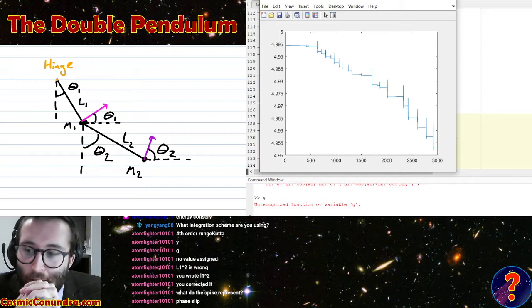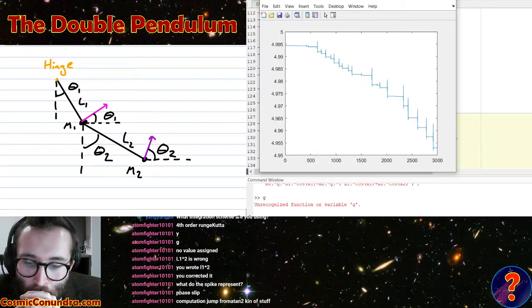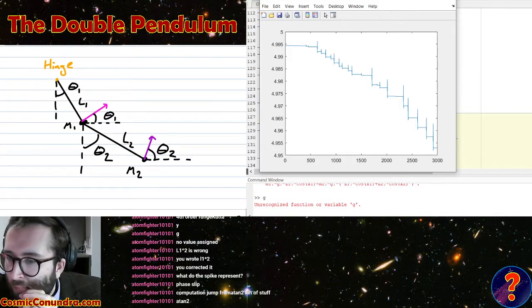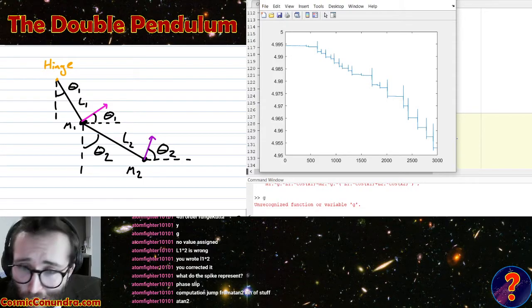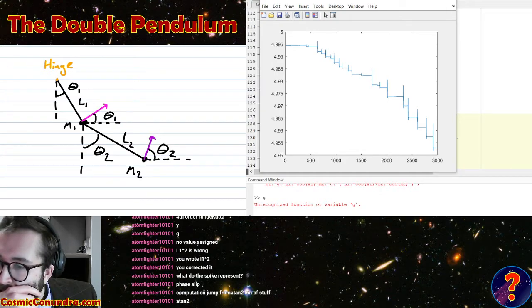Why would it have those spikes? Computation jump from Atan 2 kind of stuff. I have no idea what Atan 2 is, to be honest. I'm not a numerics person. Yeah, I don't know. I'm not sure what those spikes are doing. That would be interesting to think about, though.